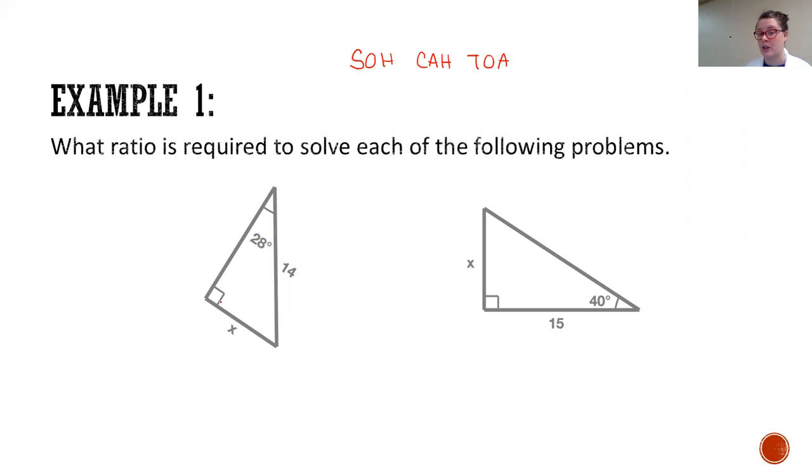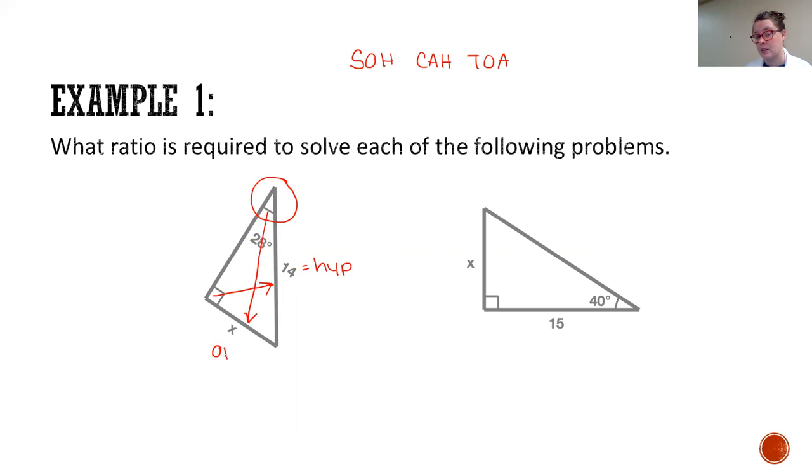So what ratio is required to solve this? Well, if we look at this triangle, the first thing we need to do is identify our sides. So this is our subject angle. Here's our right angle. So, there's our hypotenuse. That's the easy one to find. So here's my subject angle. To get to x, x is not next to it, it's across from it.